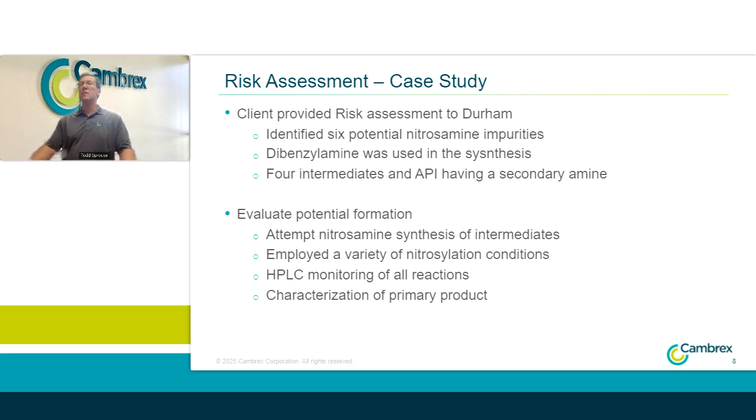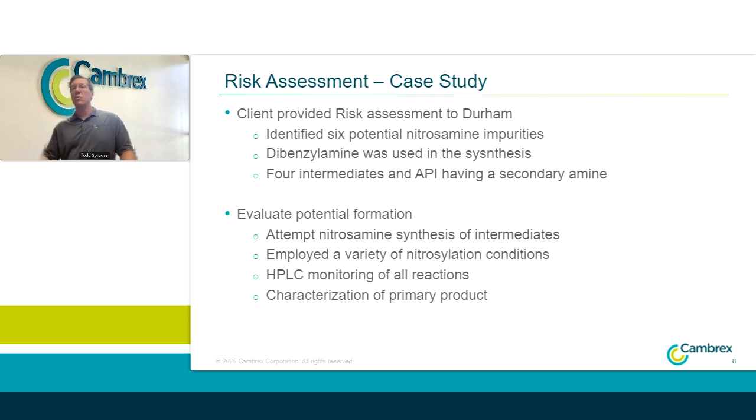And so we did have a client come to us. They performed their initial risk assessment and identified 6 potential nitrosamine impurities throughout their manufacturing process. Dibenzylamine was used in the synthesis, as well as intermediates and APIs having secondary amines for potential nitrosylation.